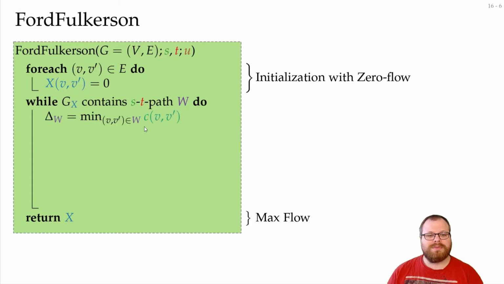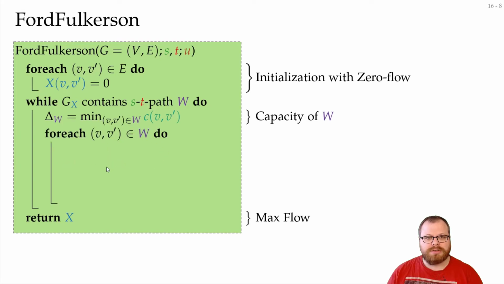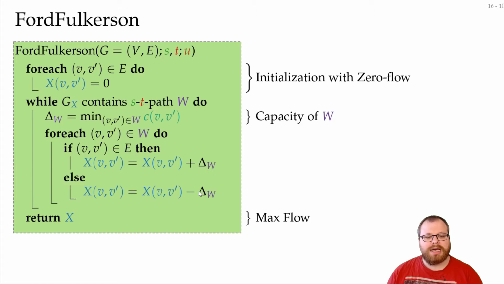We take the smallest capacity on this path and we update the flow for every edge here. So for the black edges we add this, and for the red edges we remove this. And by iteratively doing this, we keep increasing the flow until at some point we get to the maximum solution.